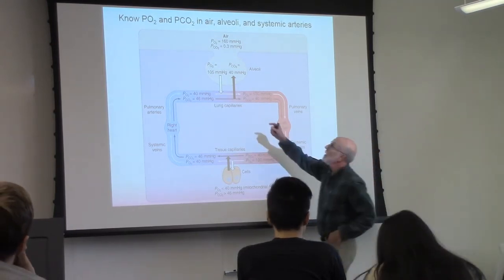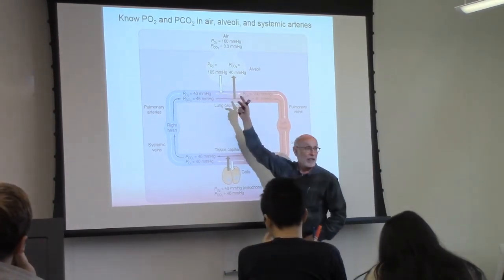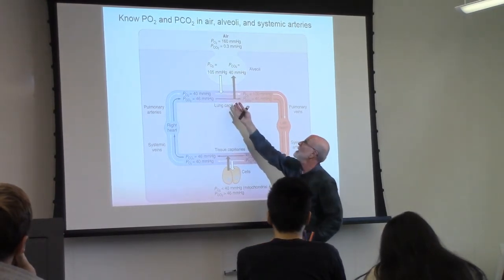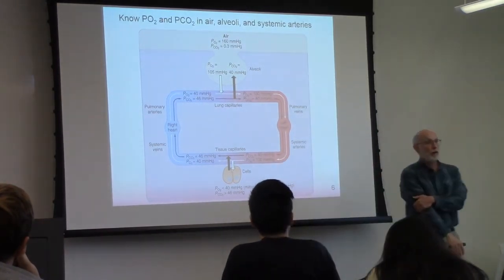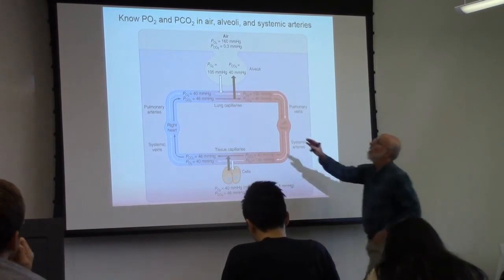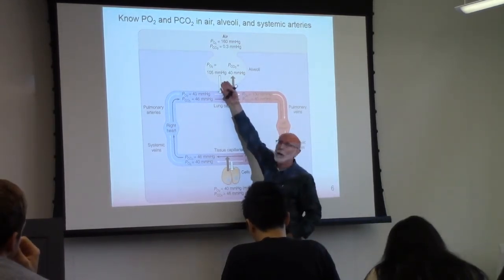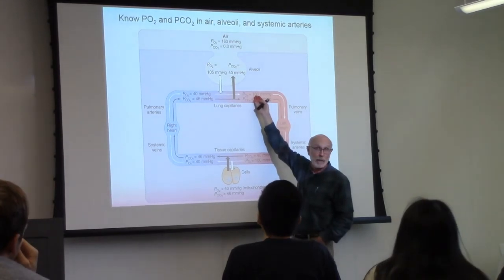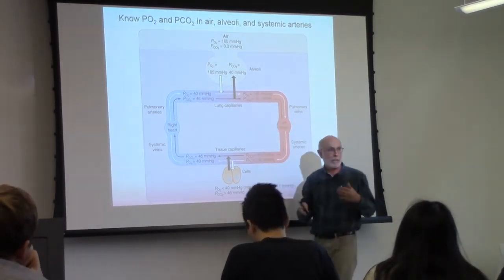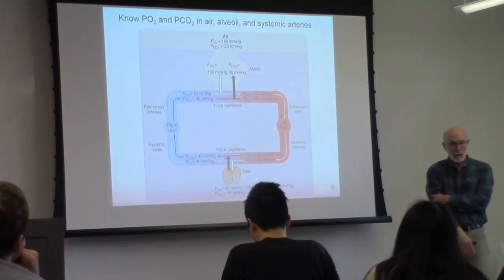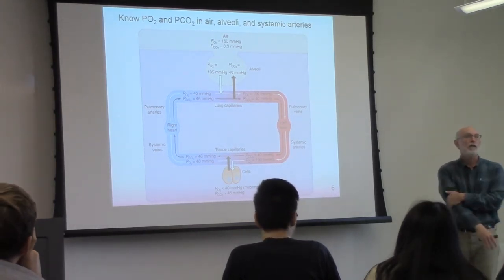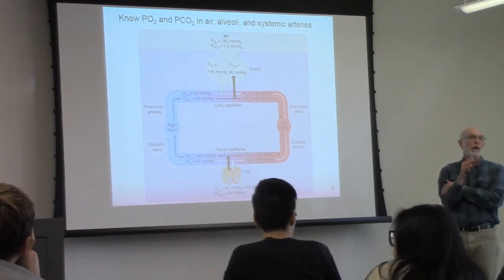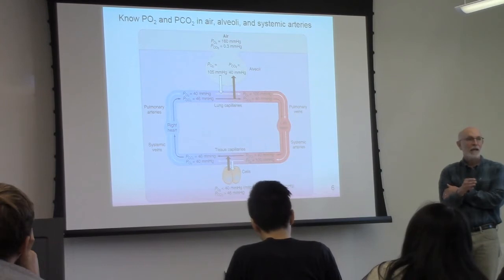And that's why the A difference, to use terminology that we used in lab, in this case would be 5. The A difference for oxygen would be 5 millimeters of mercury, because there's 105 millimeters of mercury of oxygen here, and there's 100 millimeters of partial pressure of oxygen here. That's a 5 millimeters of mercury partial pressure differential, and that differential is mostly due to the fact that oxygen diffuses less readily through membranes.